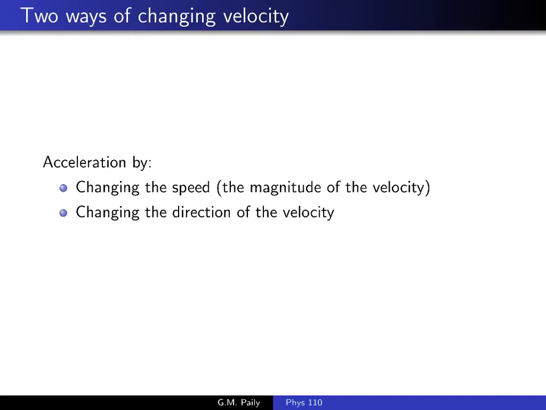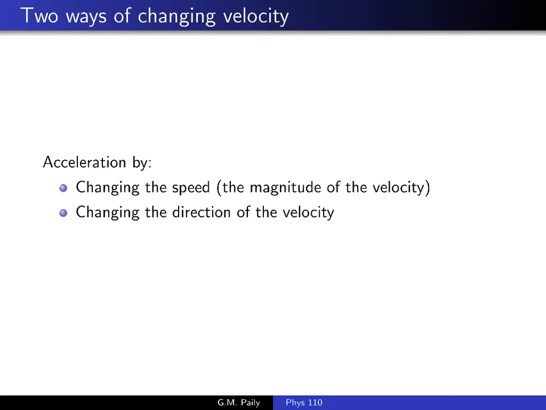We know that acceleration is the rate of change of velocity. Now that we are working in 2D and 3D, and velocity is treated as a full vector, there are two ways to change the velocity. Since velocity is a vector, like any vector, it has both magnitude and direction.